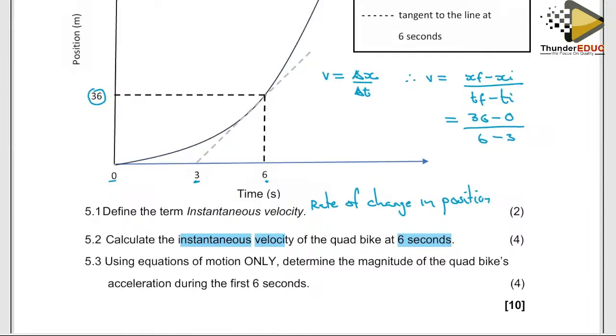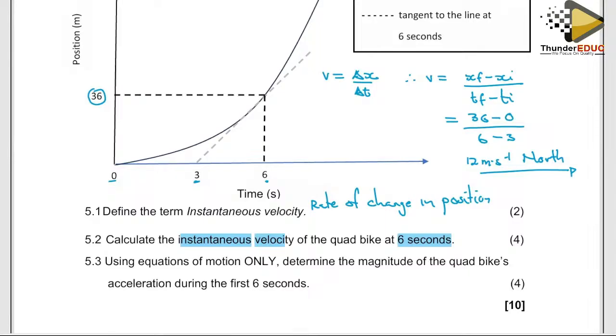So I'm going to have 36 divided by 3, which gives a value of 12 meters per second, right? We were told this quad bike was heading in the direction of the north, so the direction remains north. Then I'm going to proceed to question 5.3.